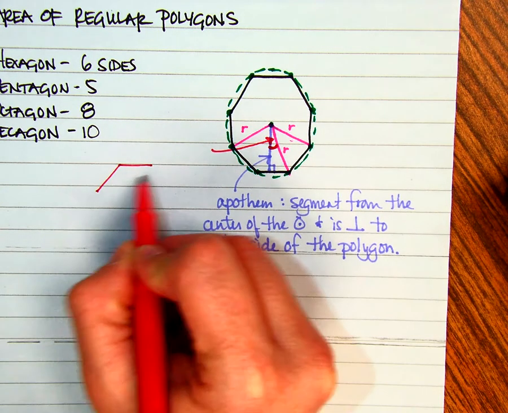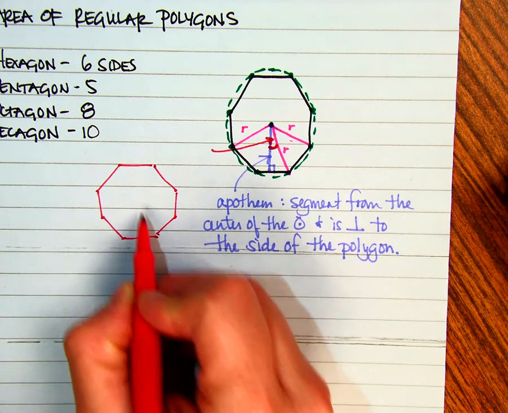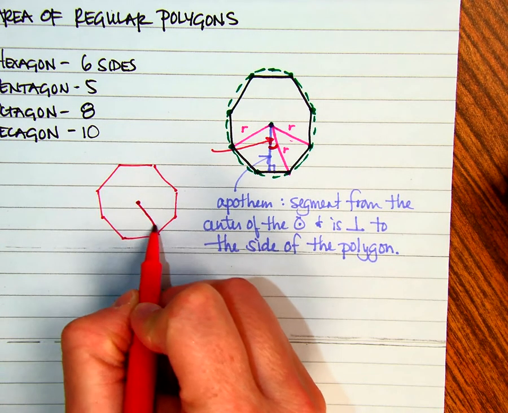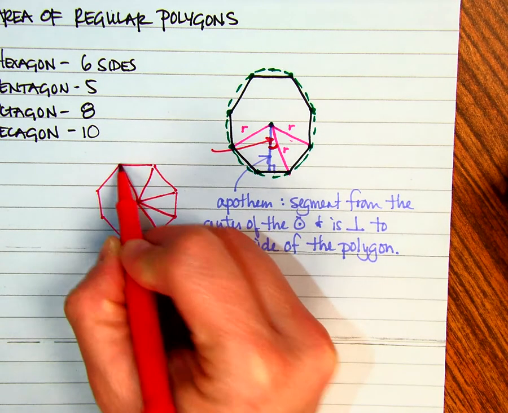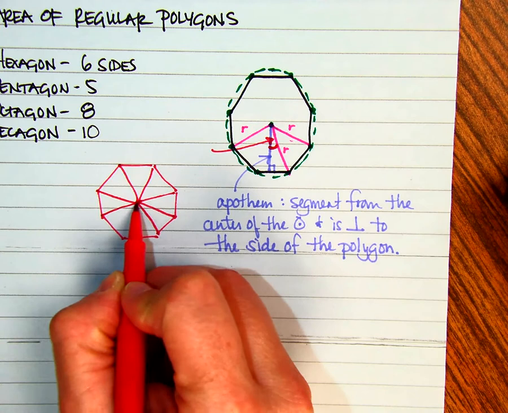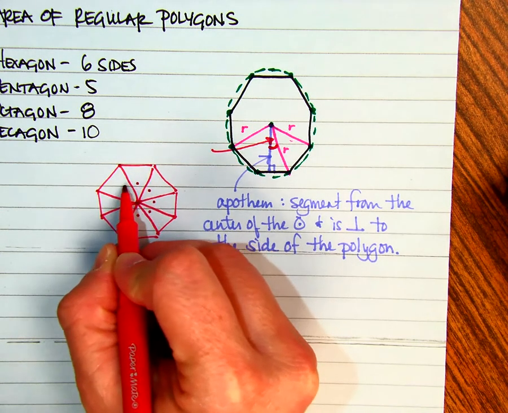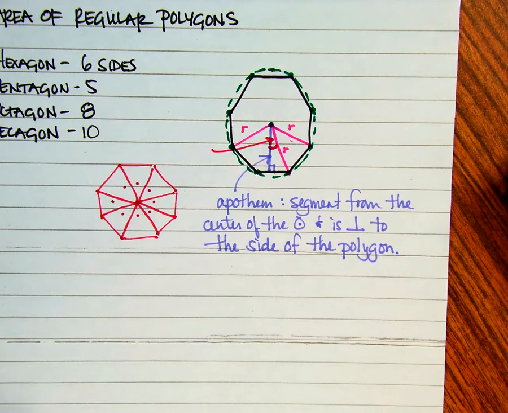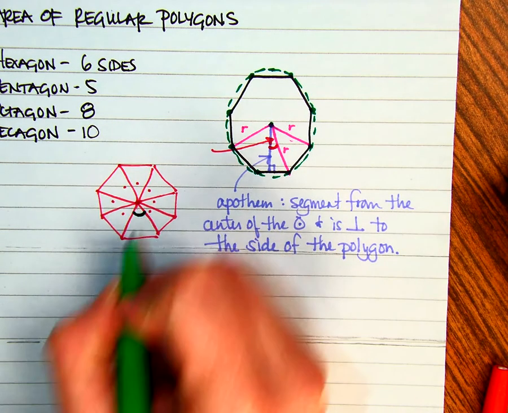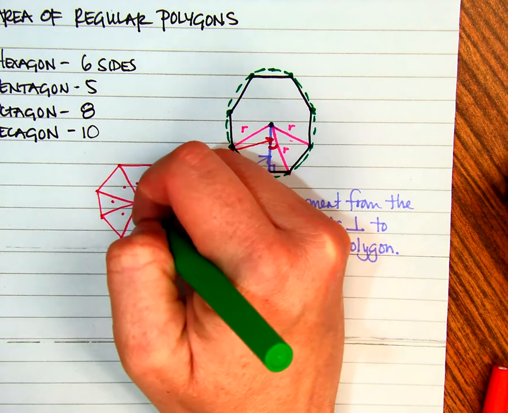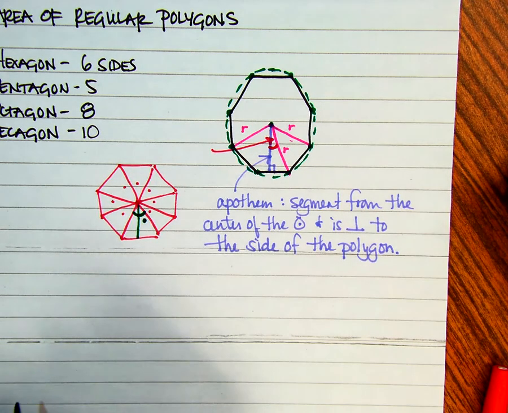But if we have an octagon, and we envision each radius, that divides this into 1, 2, 3, 4, 5, 6, 7, 8 little pieces. So 8 little pieces would give me this whole thing. I am looking for half of that. I want to know what this angle is.